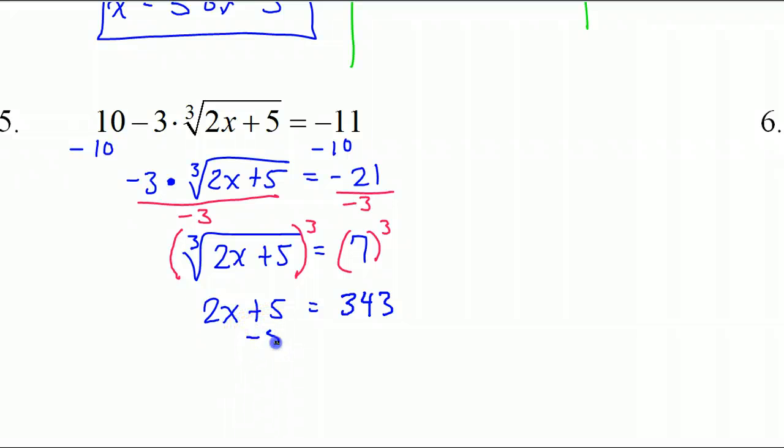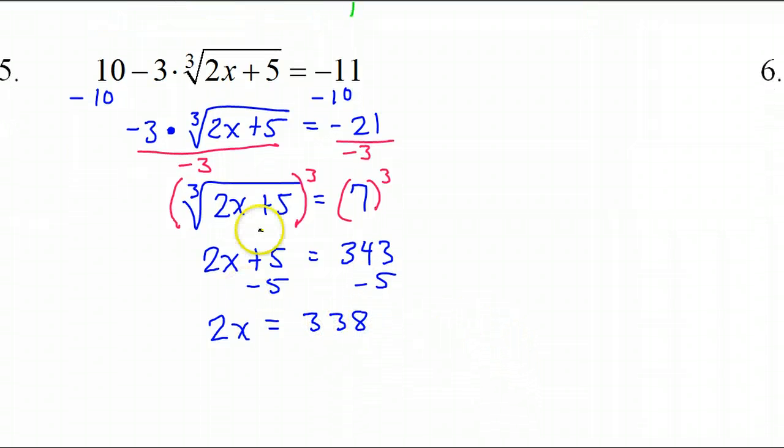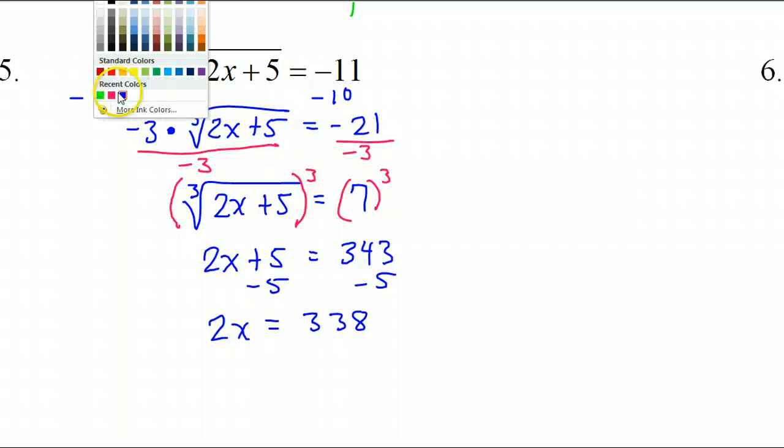Okay, so subtracting 5 from both sides, that'll give us 2x is equal to 338. So then we just divide both sides by 2.